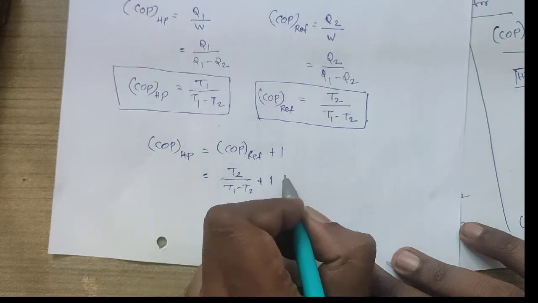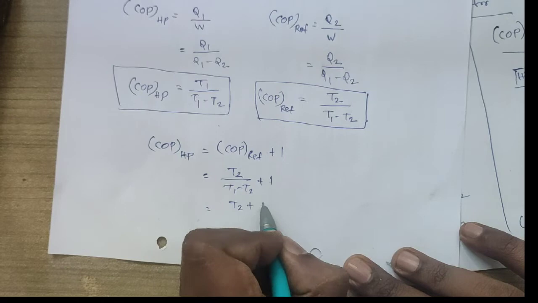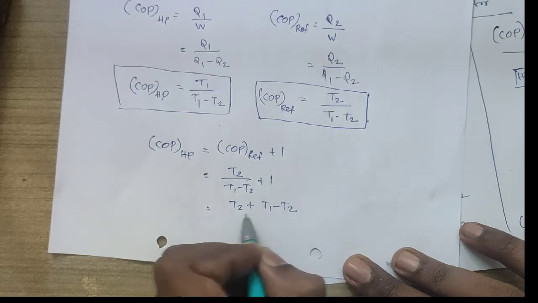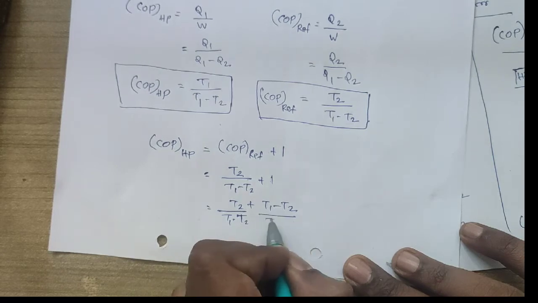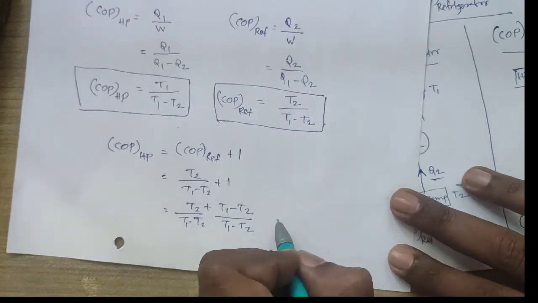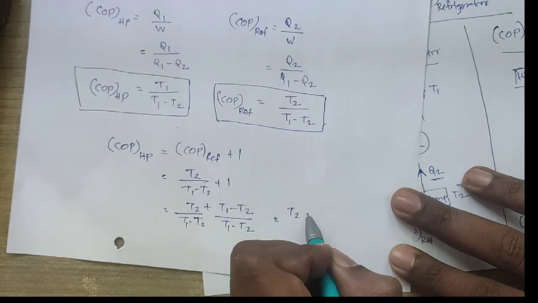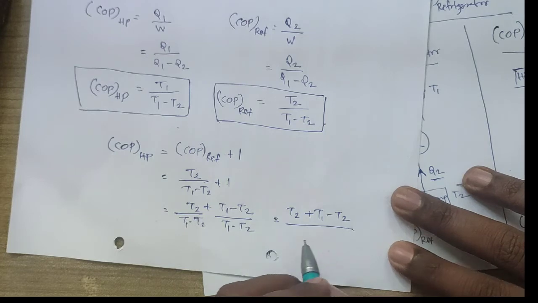Take this T1 minus T2 to this side, so T2 upon T1 minus T2 plus T1 minus T2 upon T1 minus T2. This is a simple mathematical relation: T2 plus T1 minus T2.